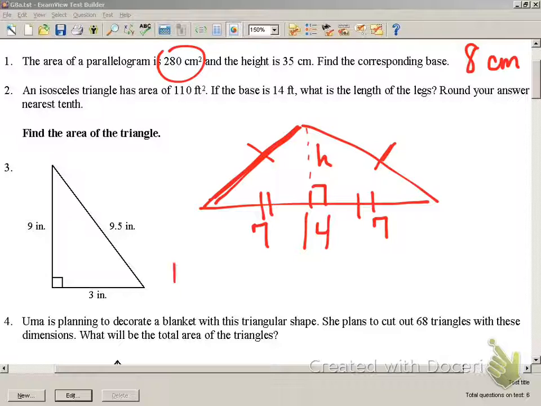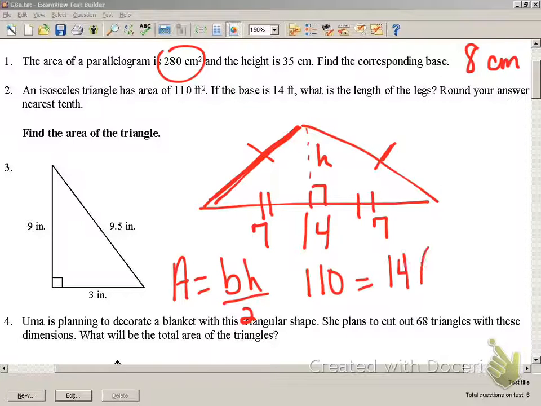So using the area formula, area equals base times height divided by 2, which gives me 110 equals 14 times h divided by 2. We have to multiply both sides by 2.